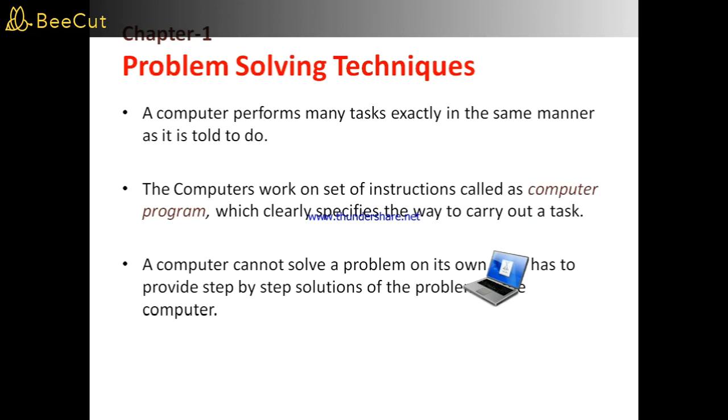Those languages are called computer programming languages, which clearly specify the way to carry out any task. The third point is that a computer cannot solve any kind of problem on its own. One has to provide a step-by-step solution of the problem to the computer. Then only can it solve any kind of problem.